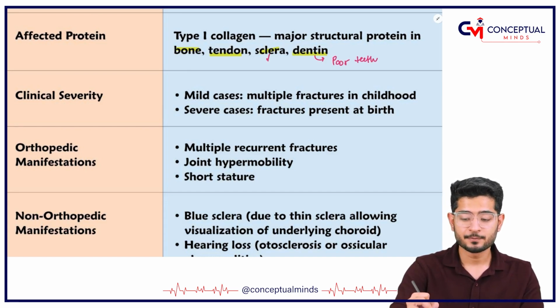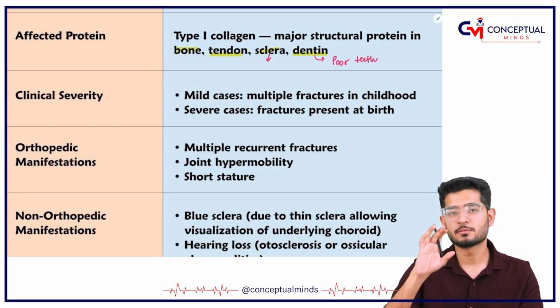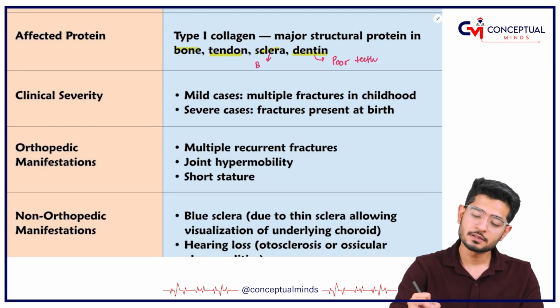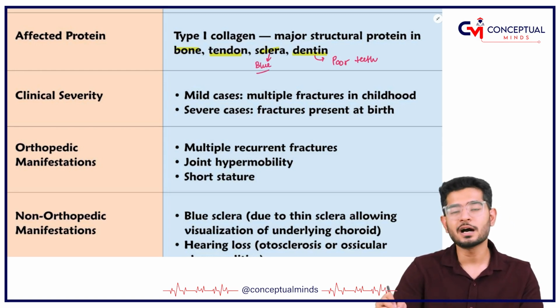Then the sclera: because there is insufficient collagen, the sclera is not formed properly. That's why the sclera will be blue, because the underlying blue color of the vasculature will be visible.